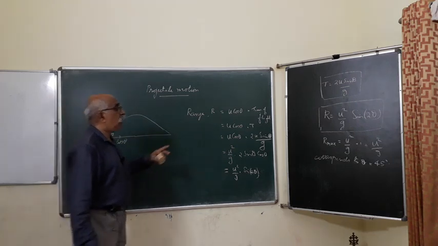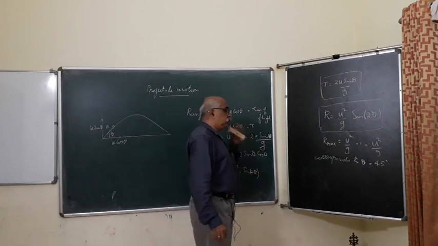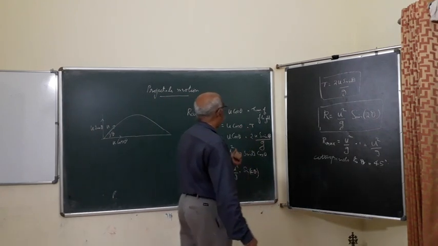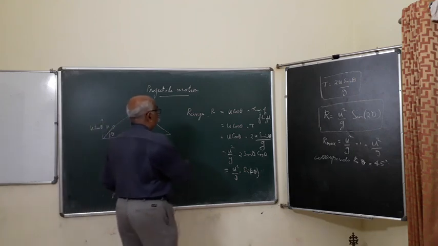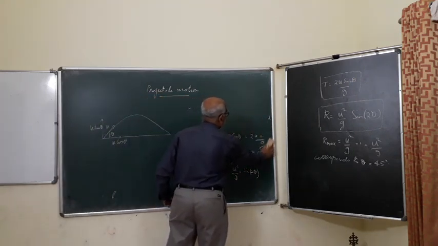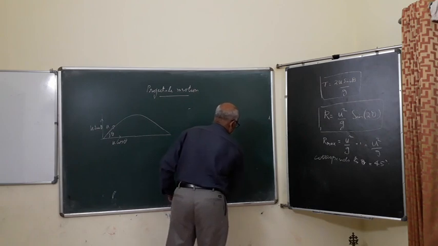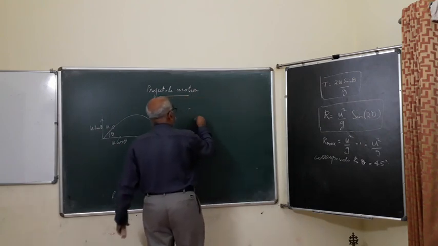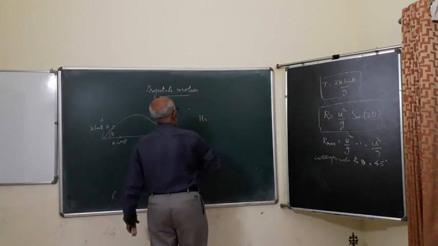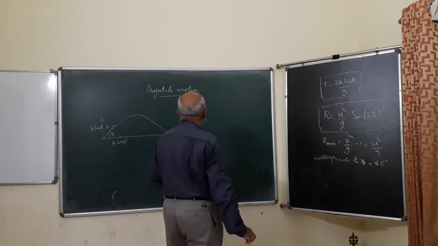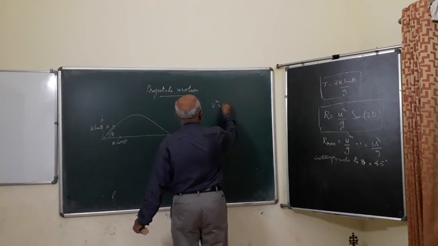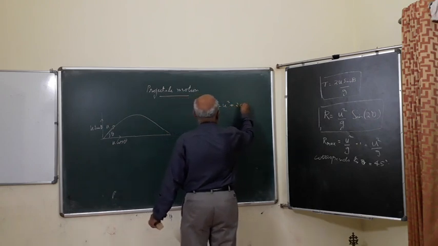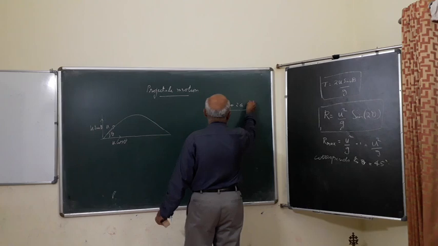The height reached by the projectile can also be found. We can use the formula v square is equal to u square plus 2as to find the height reached.